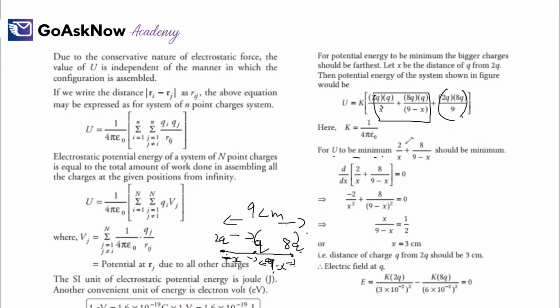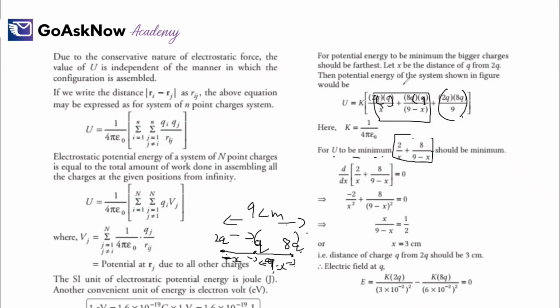Just apply the differentiation, d by dx of 2 by x plus 8 by 9 minus x. These Q and Q will be common and cancel out, so we will only take the variable terms and the multiplied constant with it, and set it equal to 0.